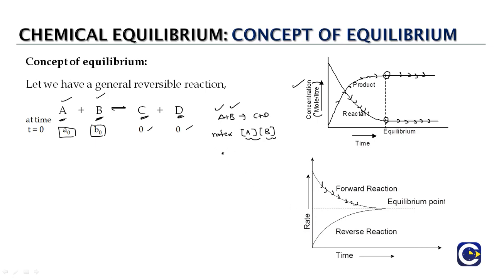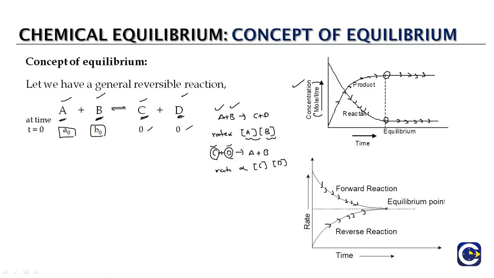And if you see the other side of the story, which is C plus D combining to give A and B back, this is what we call the reverse reaction. For the reverse reaction, the reactants will be C and D. So here, as per the law of mass action, the rate is proportional to the concentration of C into the concentration of D. As time progresses, we'll be forming more and more C and D, so the rate of the backward reaction will be increasing, and we will eventually reach a stage where the rate of the forward reaction is equal to the rate of the backward reaction.